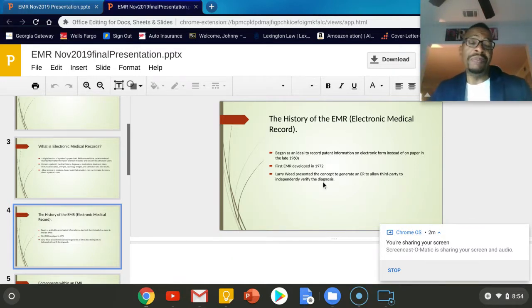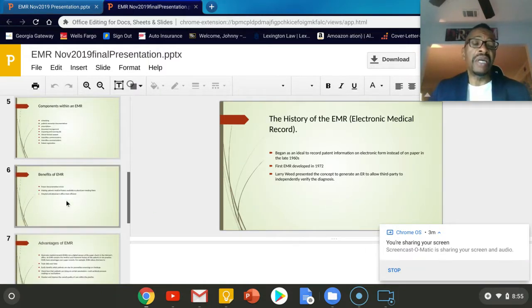That's when the idea was played around with and begun, to take it from paper to some type of electronic form. The first electronic medical record was developed in 1972. Larry Wee was instrumental in presenting the concept to generate the electronic record to allow third parties to independently verify diagnosis. So that's just a little bit about the history of the electronic medical records.